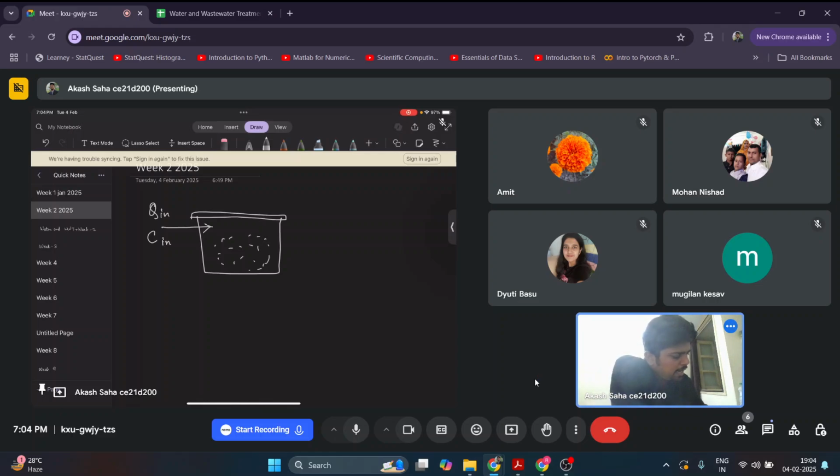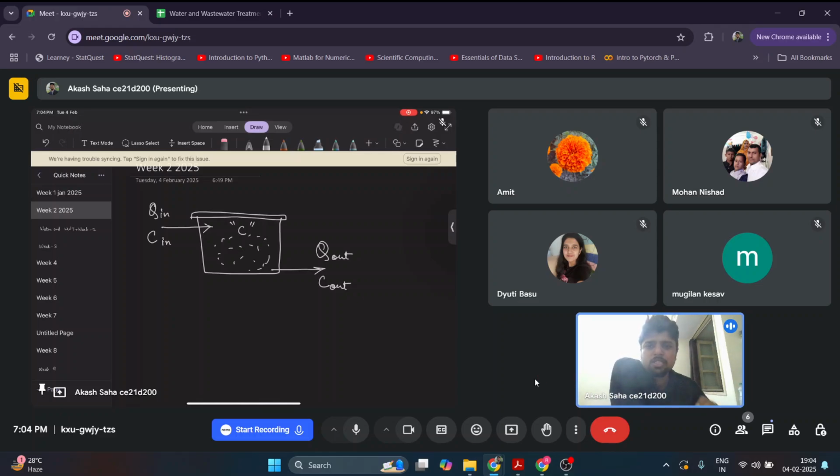After that there is some effluent, the discharge may be Q out, and the concentration is C out. Now inside this reactor there will be some concentration C. We don't know what the concentration is.